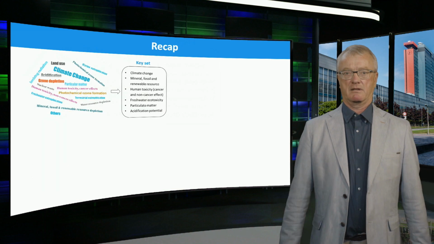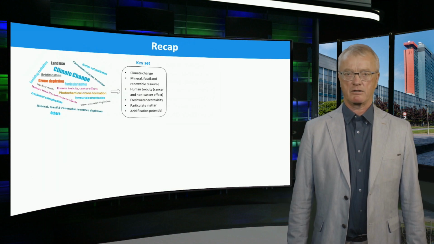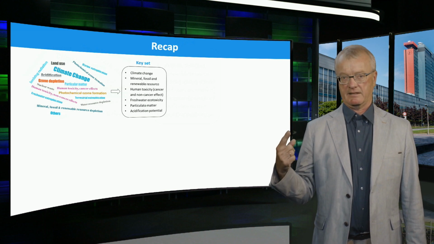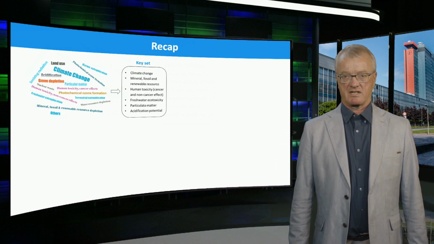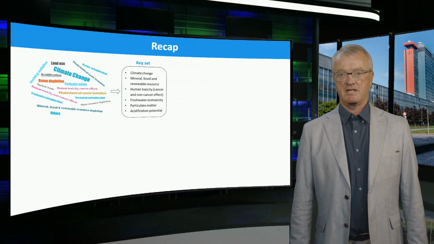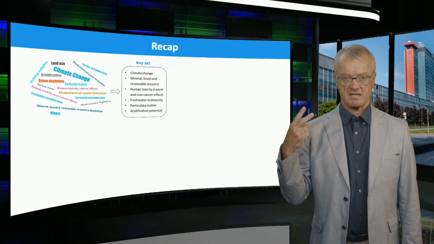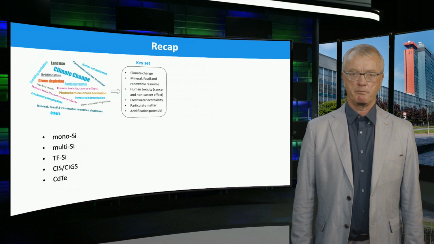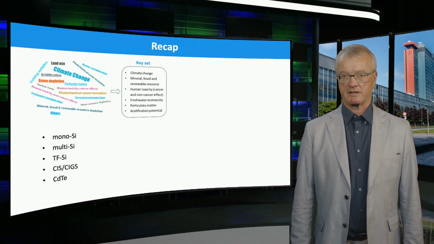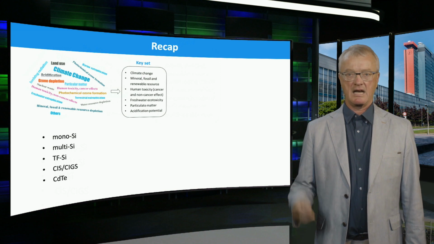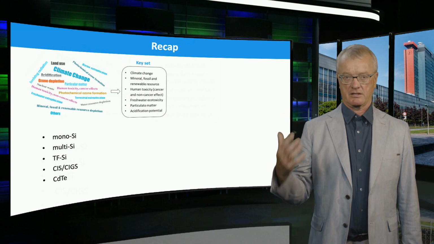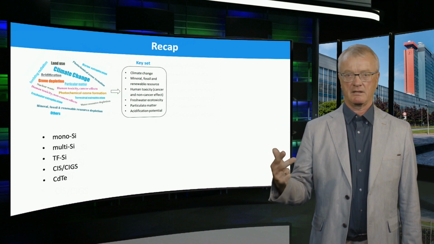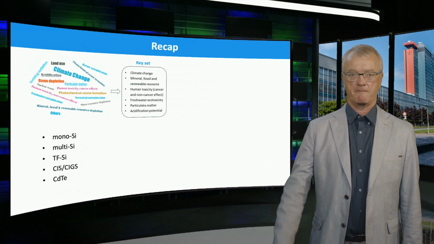To recap, in today's lecture, we spoke about 2 aspects. Firstly, there are numerous environmental impact indicators, among which it's necessary to pick a key set for the analysis. Secondly, we discussed the comparative results from a European product environmental footprint screening life cycle assessment. 5 PV modules were discussed: monocrystalline silicon, multicrystalline silicon, thin film silicon, cadmium telluride, and CIS.